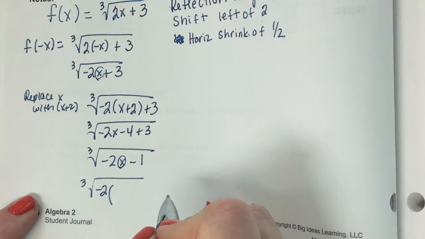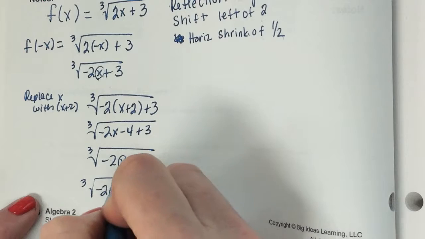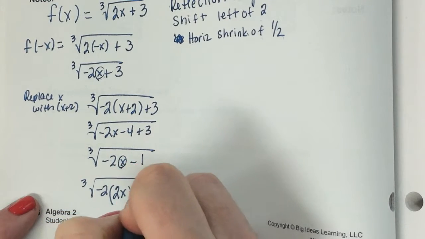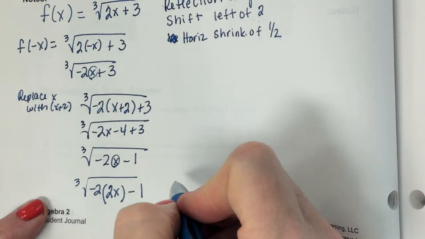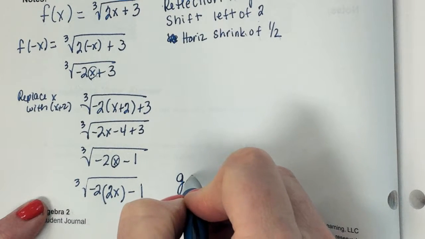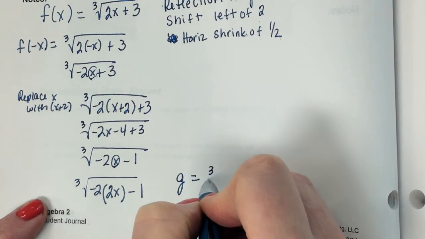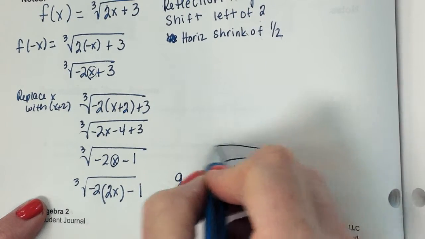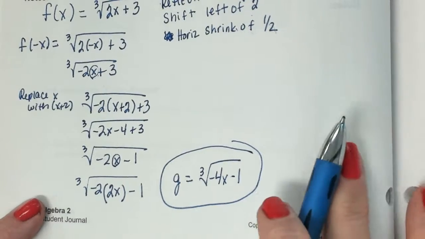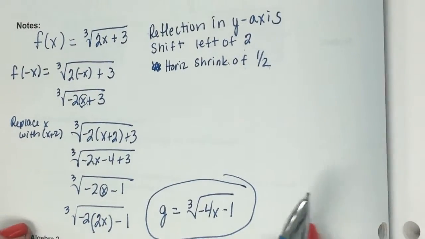What do we replace it with? 2x. That x gets replaced with 2x, and then we have the minus 1. So our final function, we're going to call it g, is the cube root of negative 4x minus 1. That's the function that would do all of that.